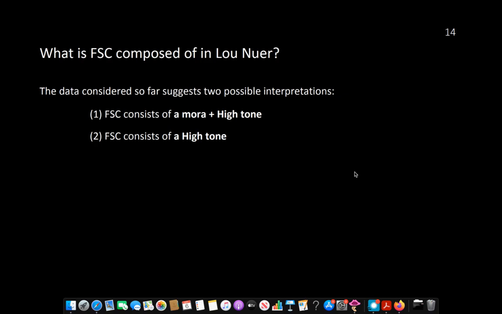One is that the FSC consists of a mora and a high tone, and two is that it consists of a high tone alone, and the mora is a byproduct of tone association but is not itself part of FSC. Let us explore each possibility in turn, taking into account evidence outside of the data from Lou Nuer.